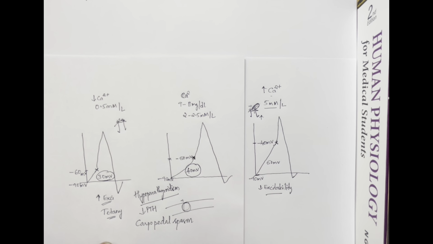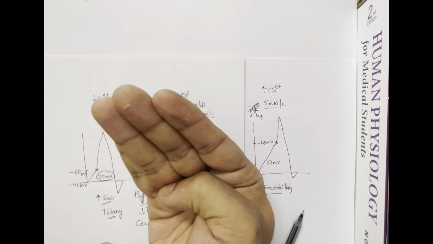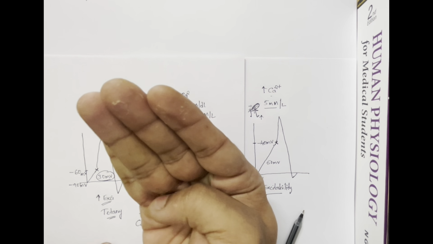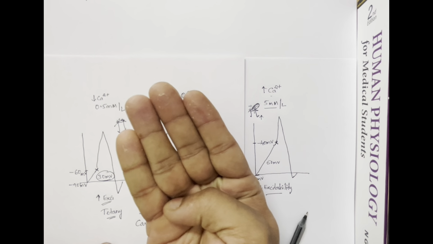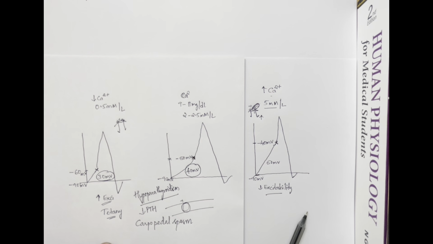Carpopedal spasm is nothing but an obstetric hand, where there is a spasm in the hand. There will be flexion at the metacarpophalangeal joints and extension of the interphalangeal joints with adduction of the thumb. This is the carpopedal spasm, and this is because of the sustained contraction of the muscles, because of the increase in excitability due to the decrease in blood calcium levels.